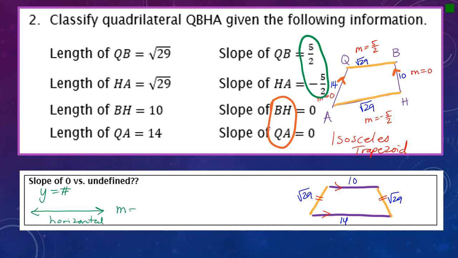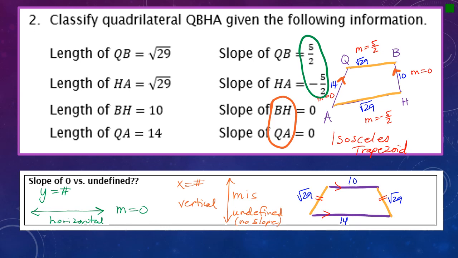Horizontal lines have a slope of 0. In contrast, if you have an x equals a number line, that's a vertical line, straight up and down. Vertical lines have undefined slopes. Sometimes you'll hear no slope instead of undefined. Those two things mean the same.